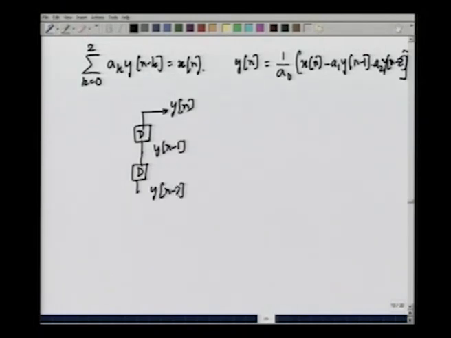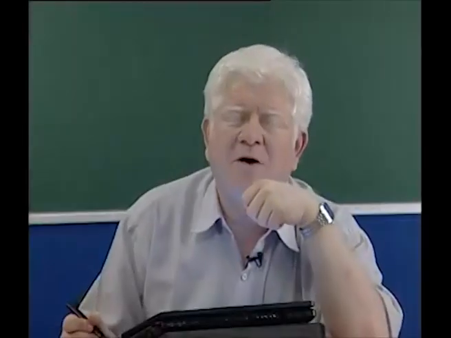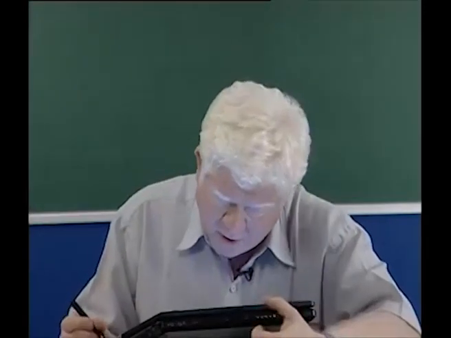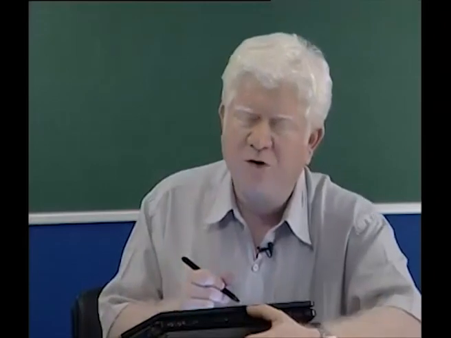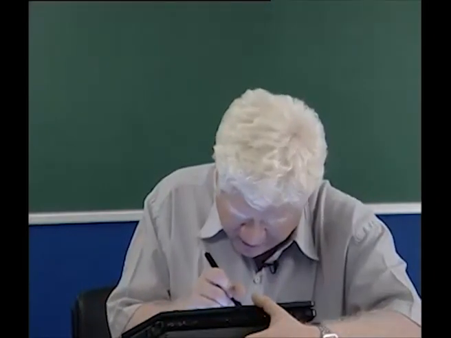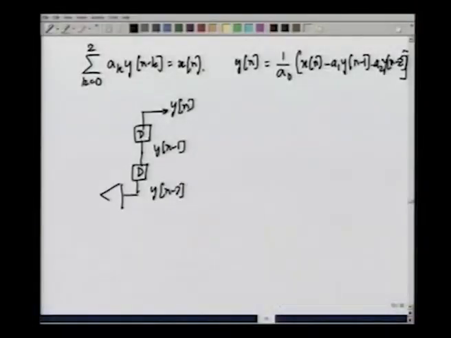So, you have these, all this hypothetical for the time being because yn itself is not known. But now that you have these, you are in a position to put in some of these coefficients. This will be minus A2, this will be minus A1, and you have to add all these things. So, you put a summing point over here.